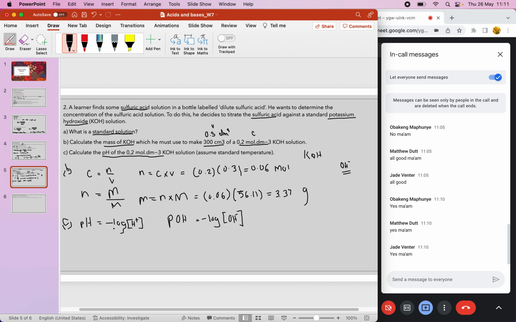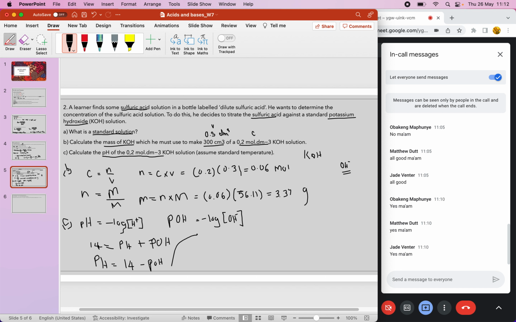And we know that both must add up to 14. So the equation is 14 equals the pH plus the pOH. You just add them together and they must equal 14. Now we can make pH the subject of the formula because the question wants us to calculate the pH of the potassium hydroxide. So you're going to have 14 minus pOH.